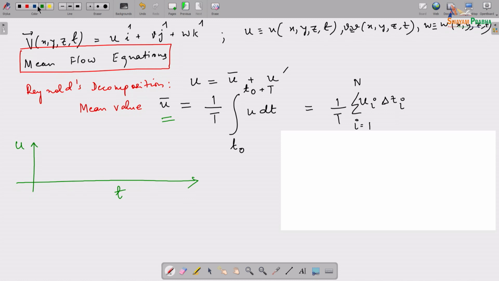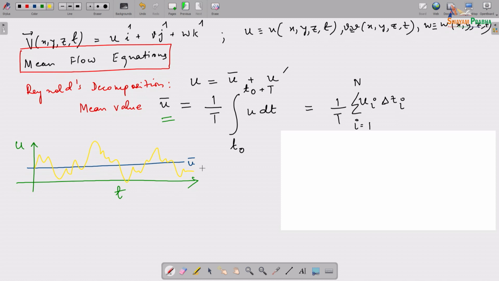I will have an average value, which will be u bar, a single value, and over and above that, as I move through this time, I will have fluctuations like this. There's nothing orderly, nothing regular; it is unsteady, it is chaotic, everything.